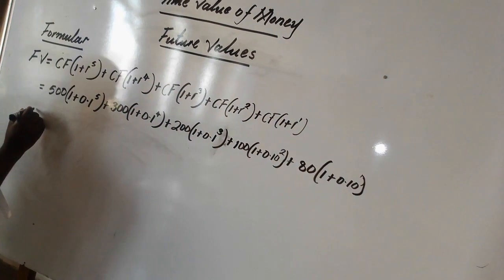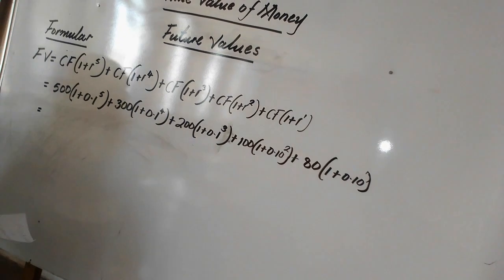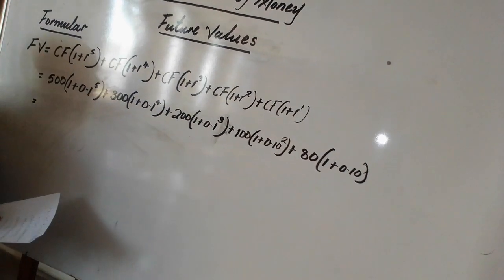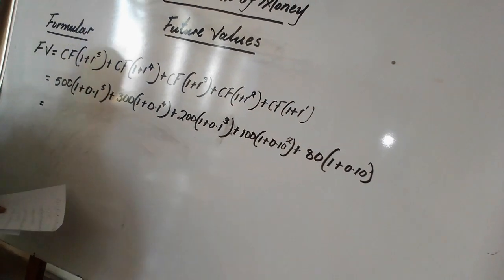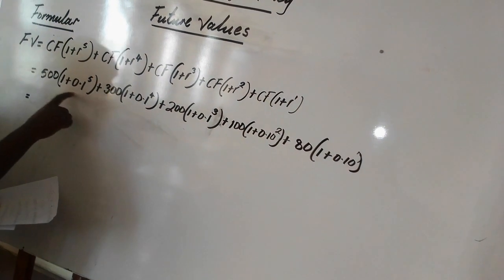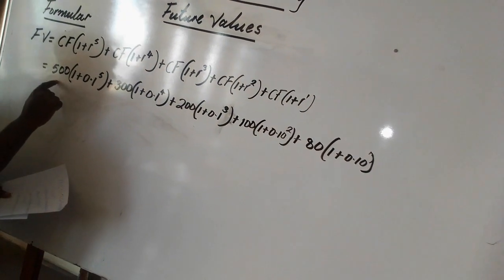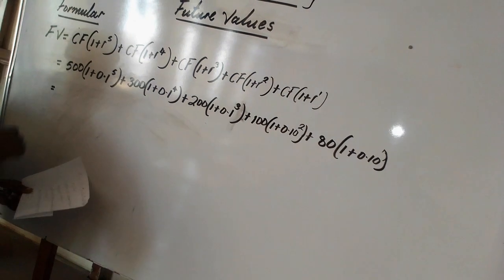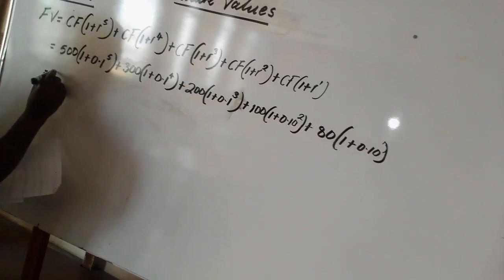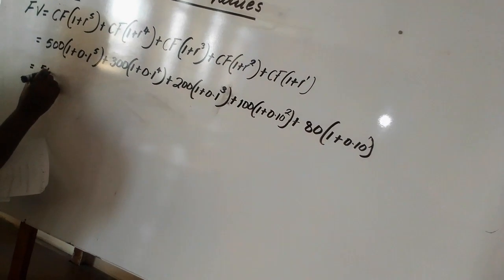So when you reach this level now, you start solving one by one. Don't start with the 500. No, it will give you a wrong figure. So 500 will be the last one to solve.